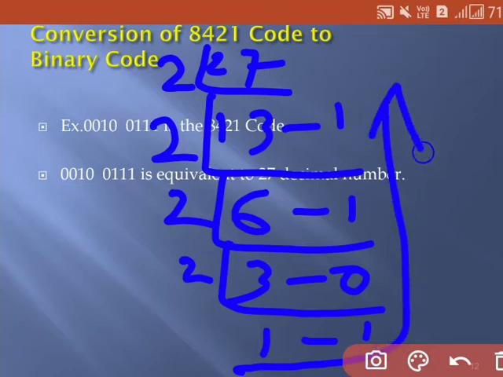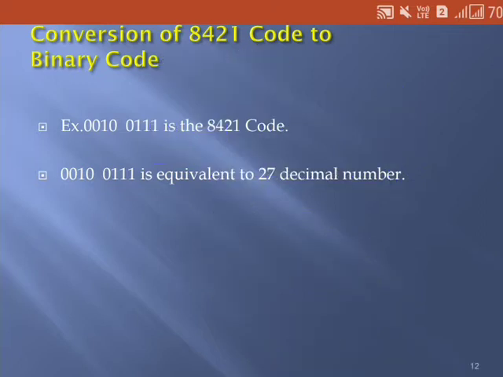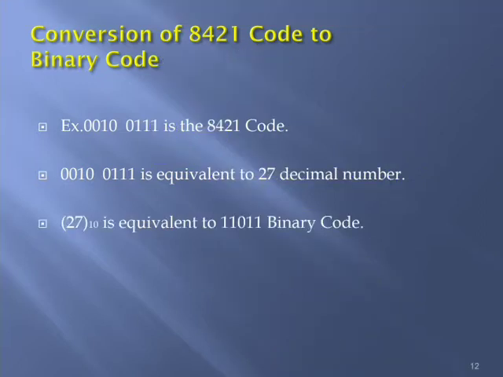So the answer will be 11011. So its corresponding binary number will be 11011. So for a given 8421 code, you can get a binary code like this. Again the same procedure: the 8421 code is first converted into a decimal number, and the decimal number is converted into a binary number.